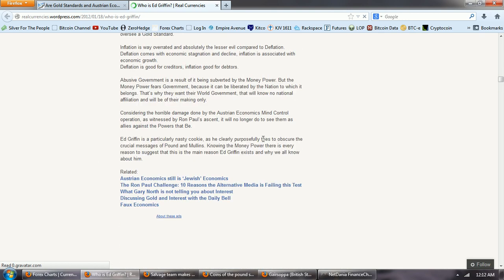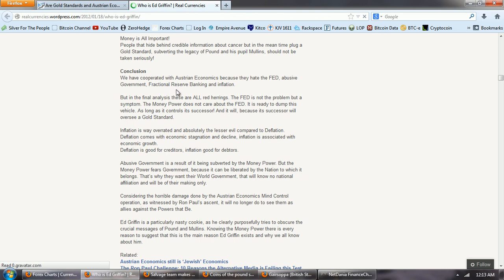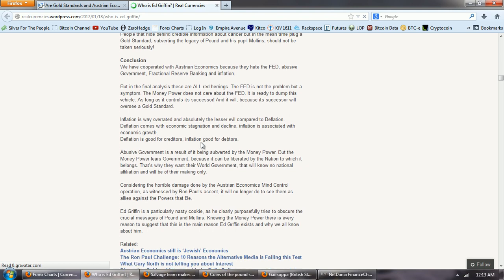Edward Griffin. But you can see when we get down to the conclusion: we've cooperated with Austrian economics because they hate the Fed, abusive government, fractional reserve banking, inflation. But in the final analysis, these are all red herrings. The Fed is not the problem, but a symptom. The money power does not care about the Fed. It is ready to dump this vehicle as long as it controls its successor, and it will, because its successor will oversee a gold standard.